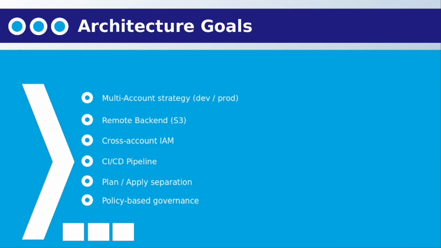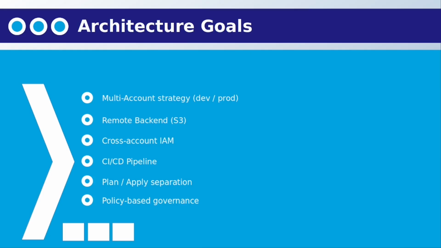Each of these reduces risk. Multi-account gives isolation, remote backend protects state, cross-account IAM controls access, CI/CD removes manual execution, plan and apply separation ensures determinism, policy as code enforces compliance automatically.